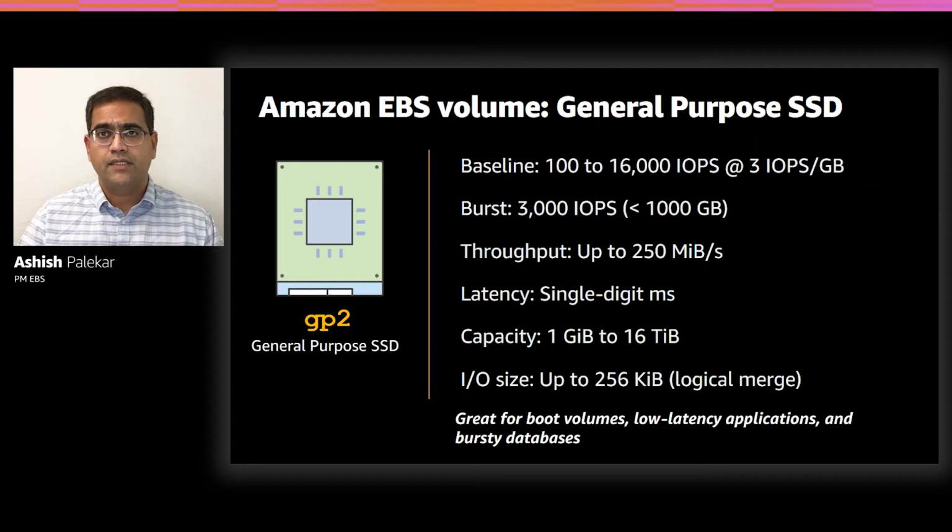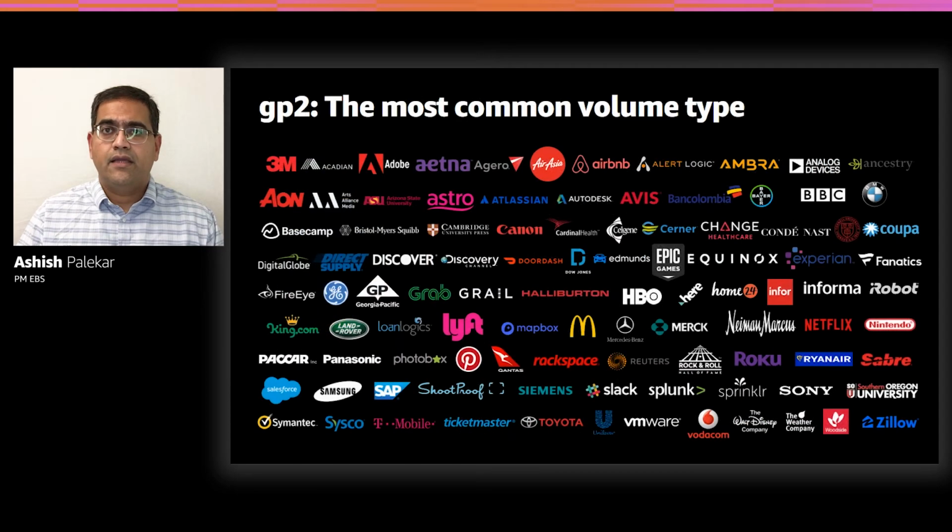You can burst up to 3,000 IOPS for volumes that are less than 1 terabyte. You get up to 250 megabytes per second of throughput. It is great for boot volumes, it is great for low latency applications, and it is great for bursty databases. And it is very, very commonly used by our customers. And you can see some of the customers that use GP2 volume type.